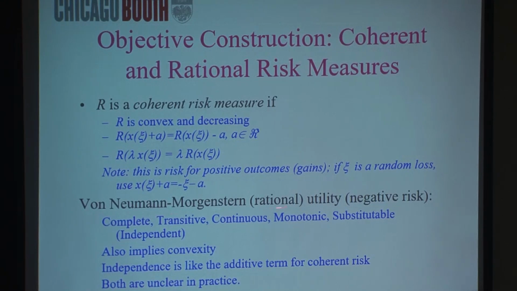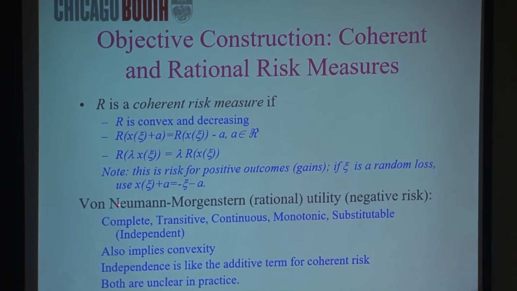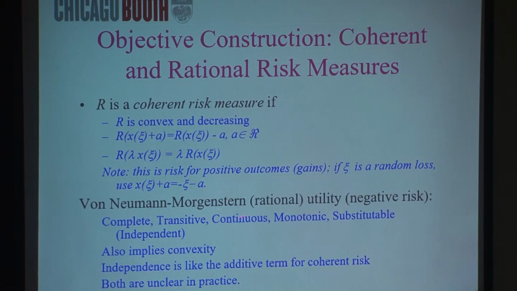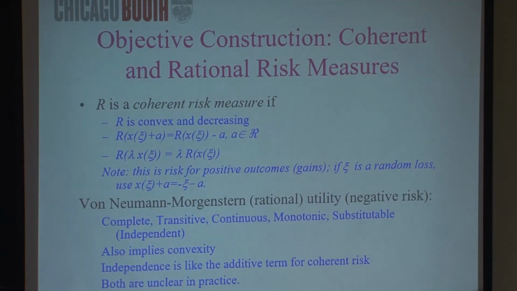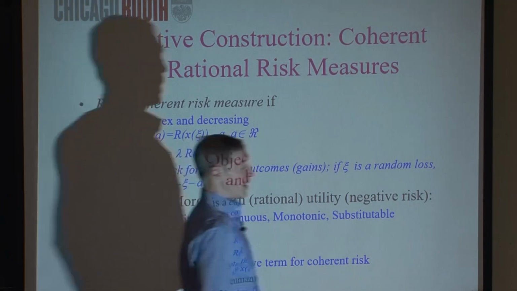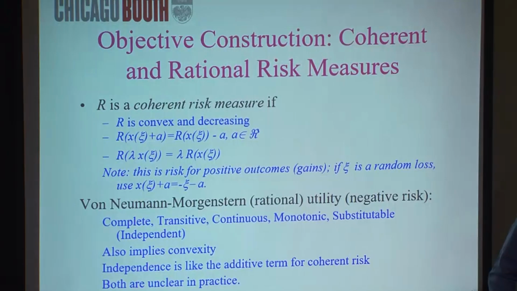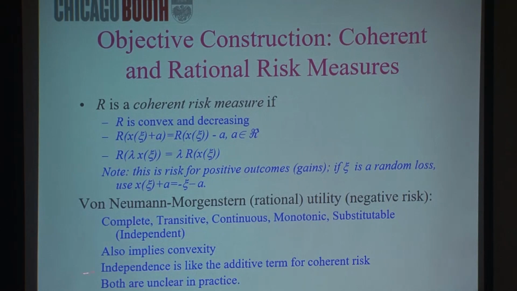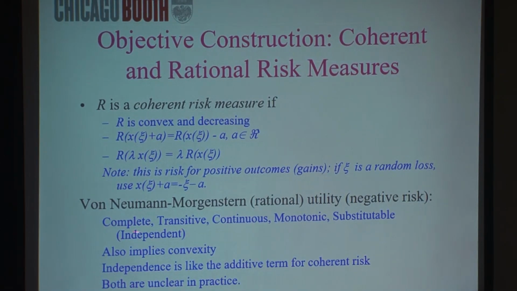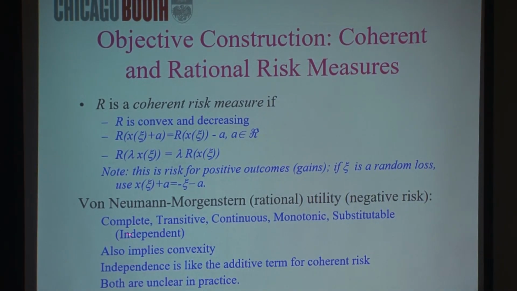Now, risk measures are related to utility functions, von Neumann-Morgenstern utility functions, or rational utility functions. Those rational utility functions have these properties. They're complete.